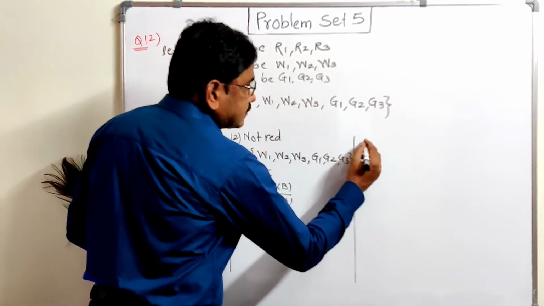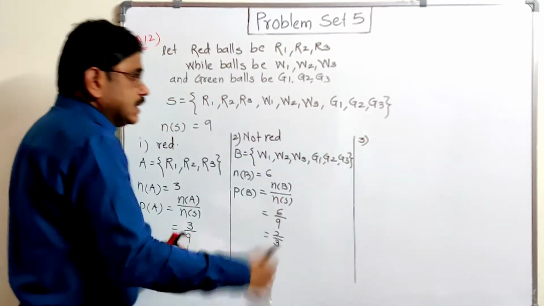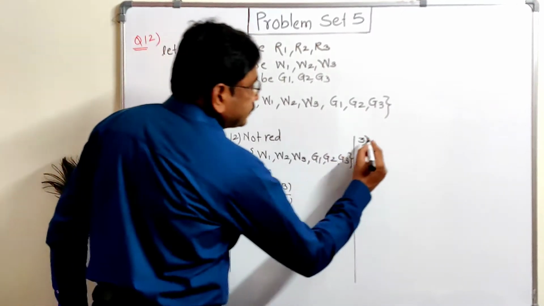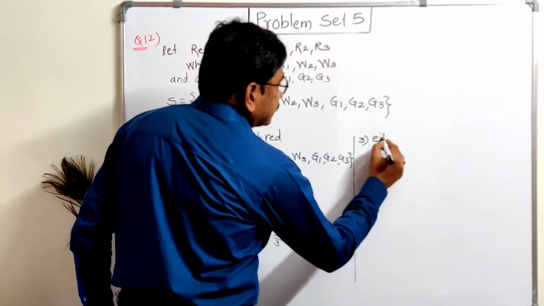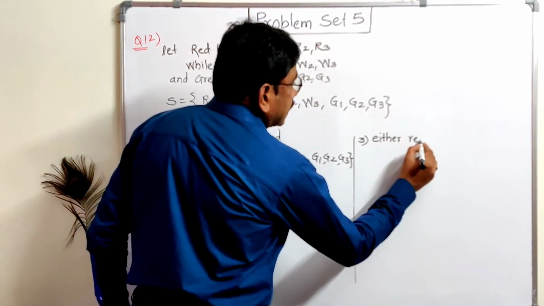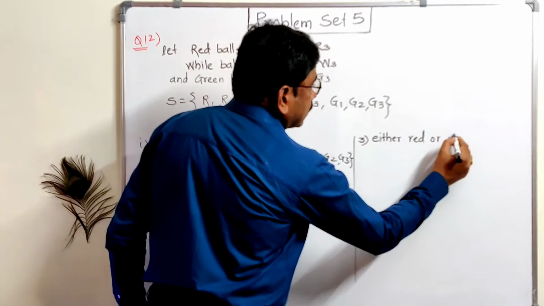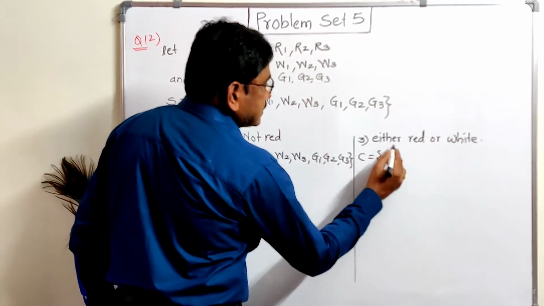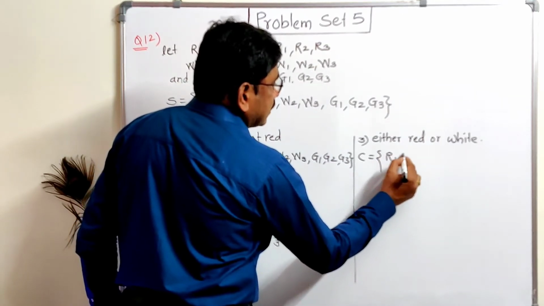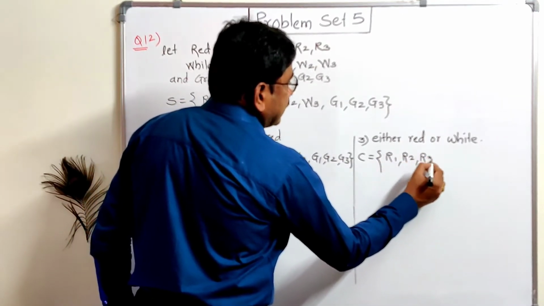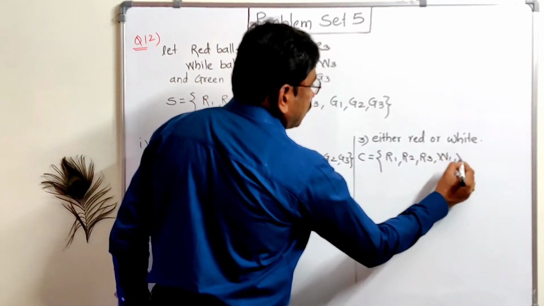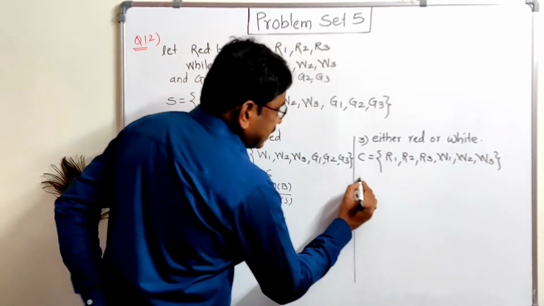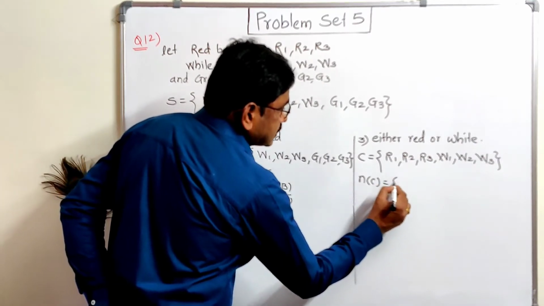And third case, in third case the ball is either red or white. So this is set C. It is either red, means R1, R2, R3, or white, meaning W1, W2, W3. So again here we get n(C) is equal to 6.